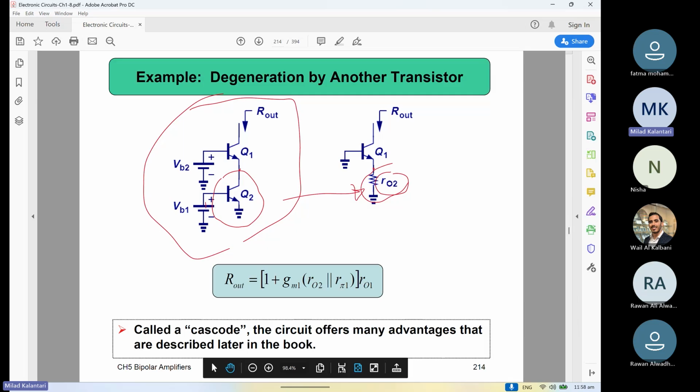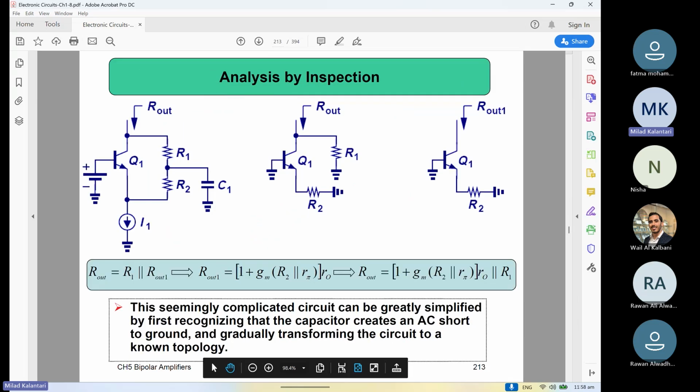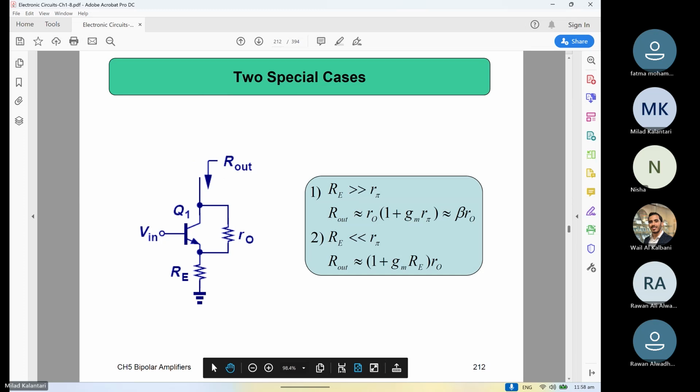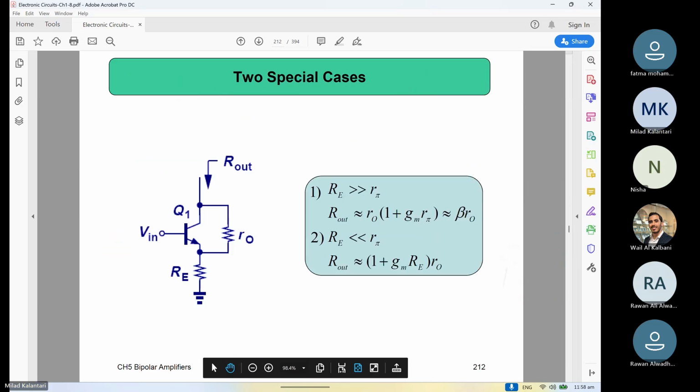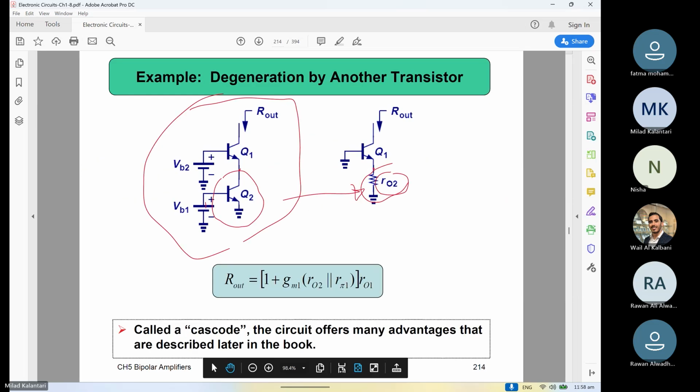And then again, it goes back to the same thing we saw before. In fact, the RE is only RO2 of the other one. RE is RO2.